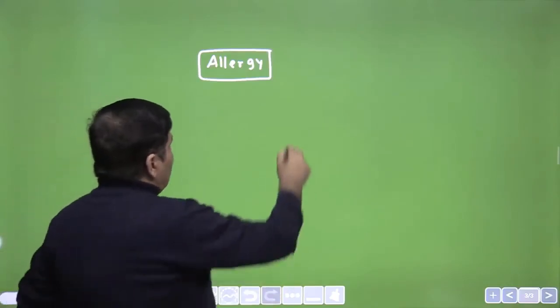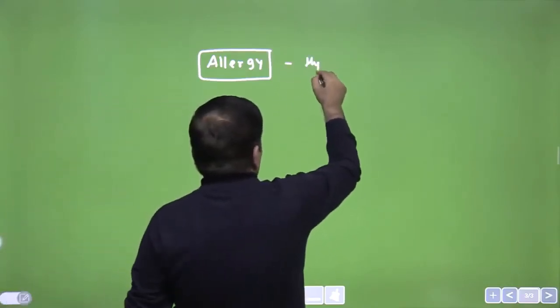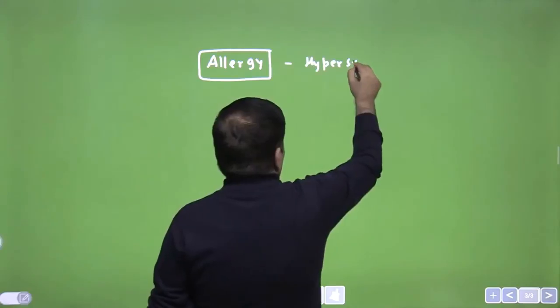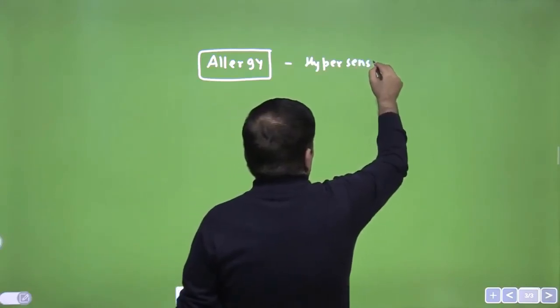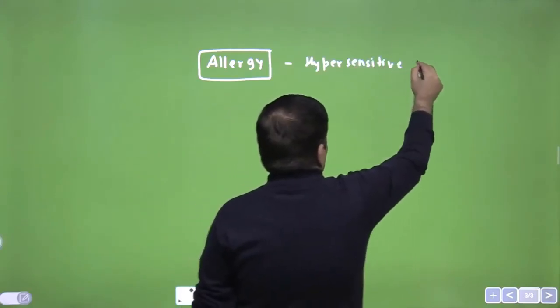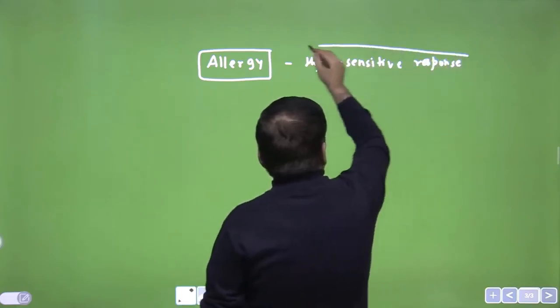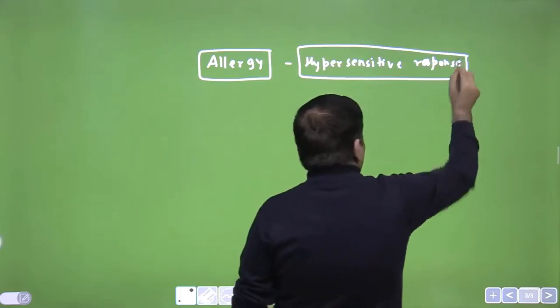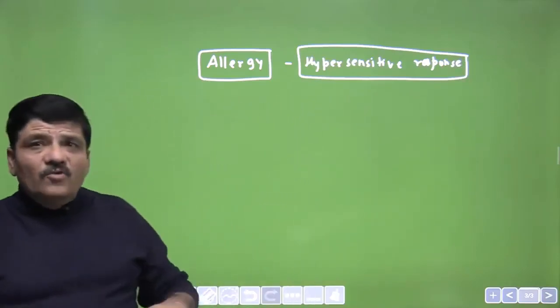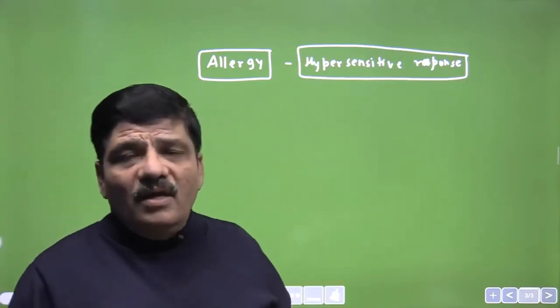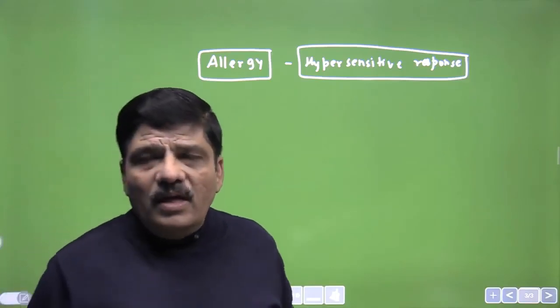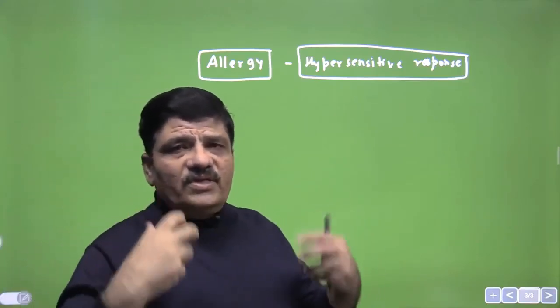I would say that allergy is a hypersensitivity response of the immune system. That means the response is out of proportion; it is much more than what is needed. Everybody is sensitive to smoke, and they have some bronchoconstriction and cough.